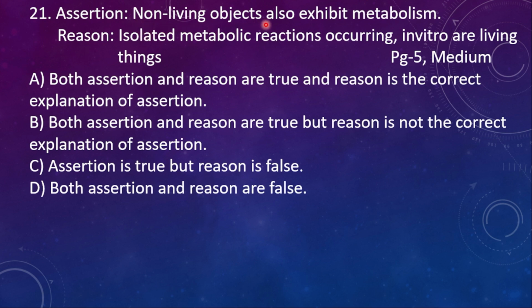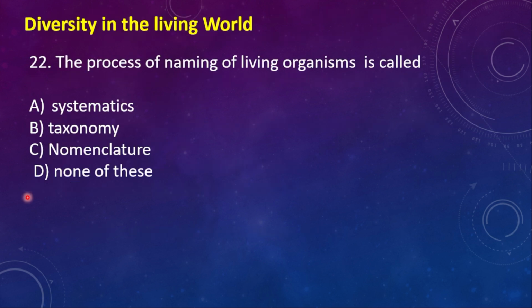False. Non-living objects also exhibit metabolism? No, non-living objects cannot exhibit metabolism. Okay, and isolated metabolic reactions occurring in vitro are living things? They are non-living, they are living, isn't it? So here the option will be D.